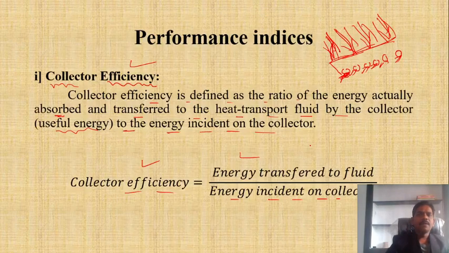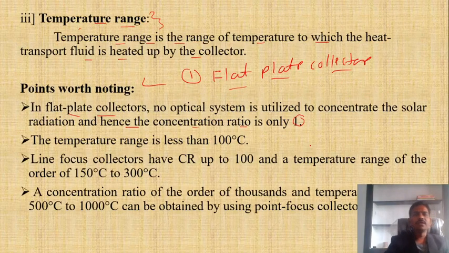So because of that reason, the concentration ratio is 1. The temperature range is less than 100 degrees Celsius in flat plate collectors. Line focus collectors have a concentration ratio up to 100 and a temperature range of the order of 150 to 300 degrees Celsius.